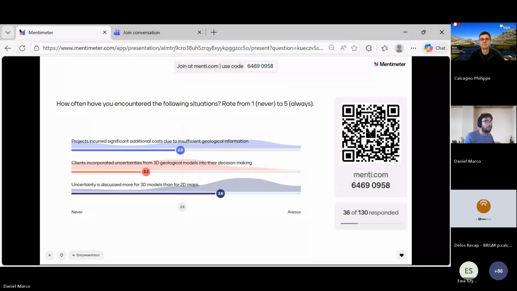Then clients incorporating uncertainties from 3D models, geological models into their decision making, with 2.3, is not often present. And then finally, uncertainty being discussed more for 3D models than for 2D maps is frequently encountered.